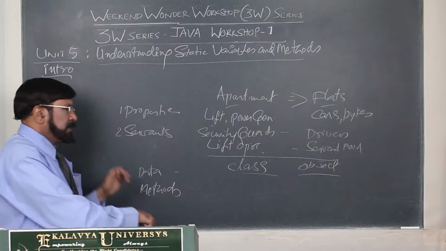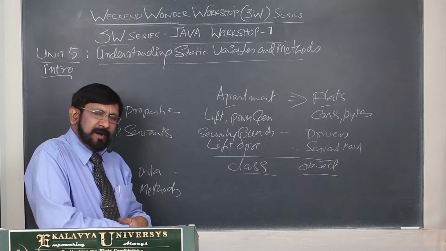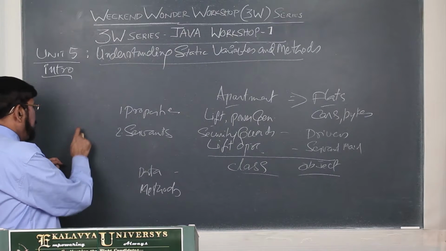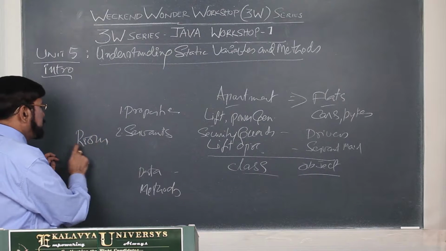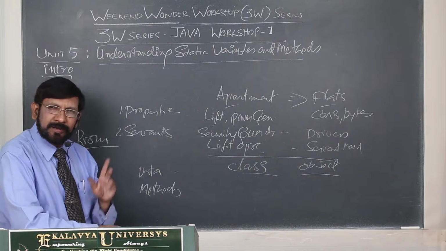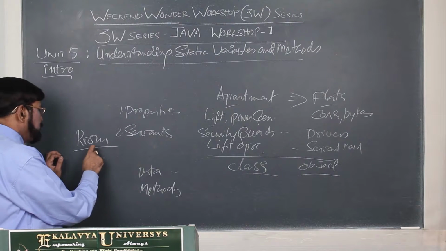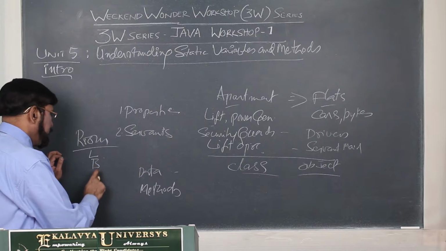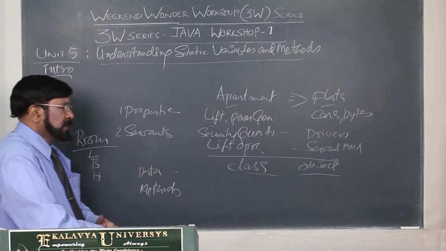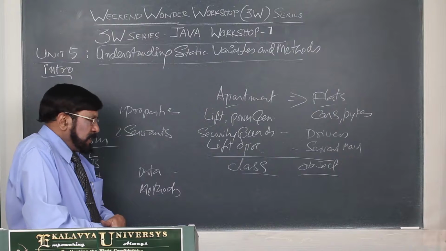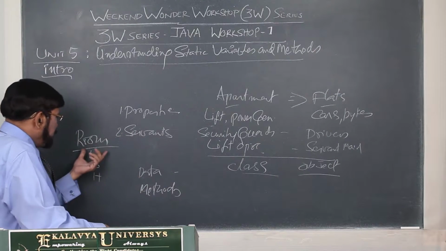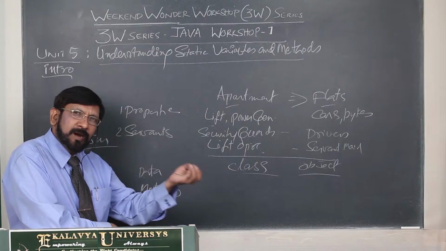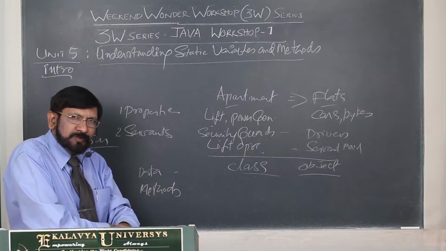Now let us take one example. Let us take a room object. A room object has three properties: length, breadth, and height. Normally you define them as instance variables, object related variables.